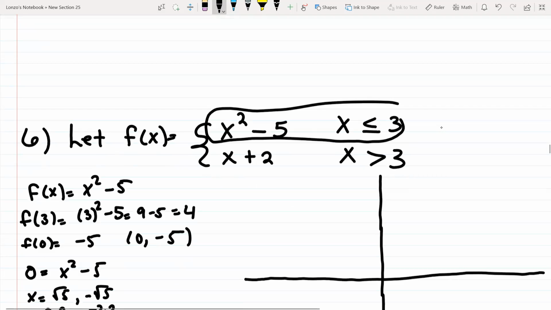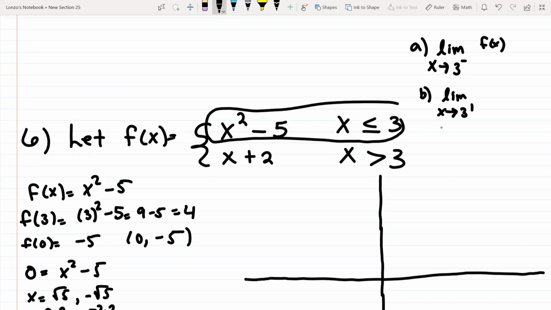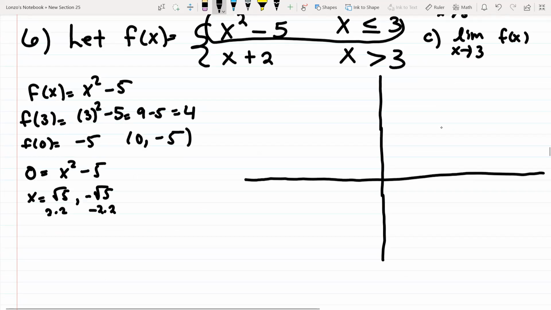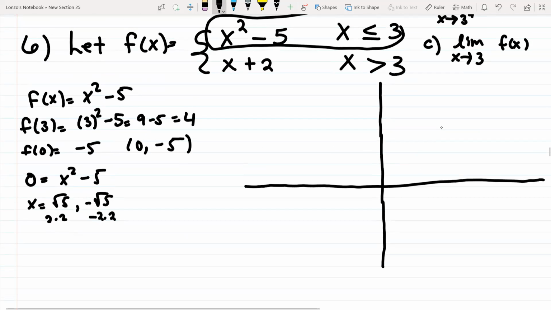They're asking for the limit as x approaches 3 from the left of f of x. Then part B is the limit as x approaches 3 from the right of f of x. And then just the limit in general of f of x. Okay, so I'm just going to graph this part really quick.